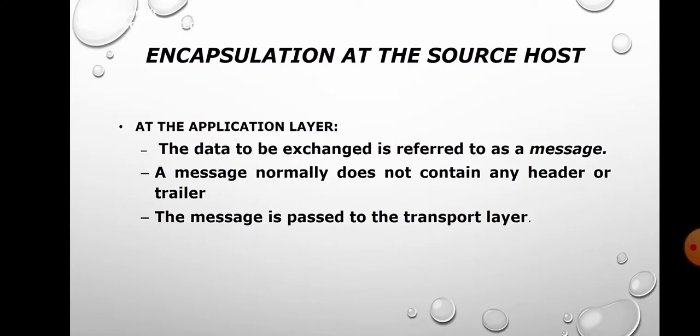So we'll take in detail what happens during the encapsulation process at the application layer. The data which is to be exchanged is called a message. This message does not carry any header or trailer information, and it will be transferred into the transport layer.